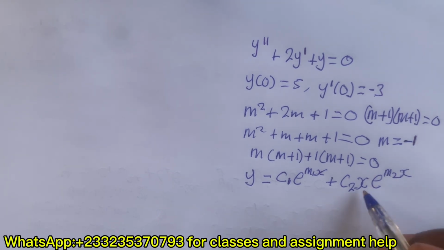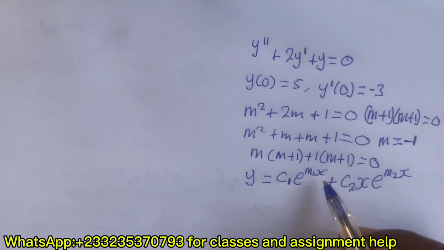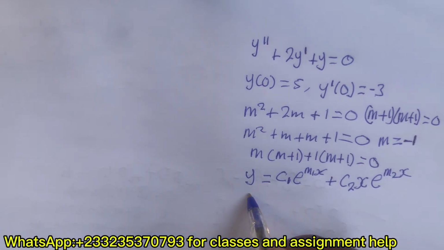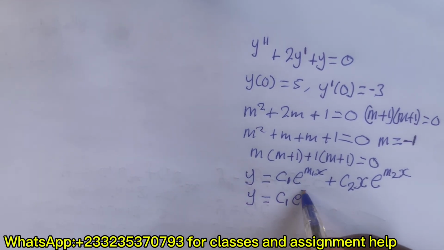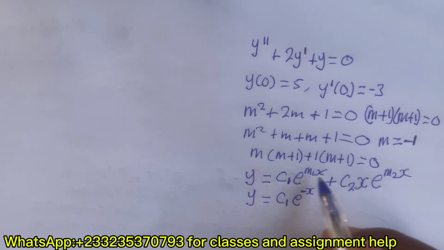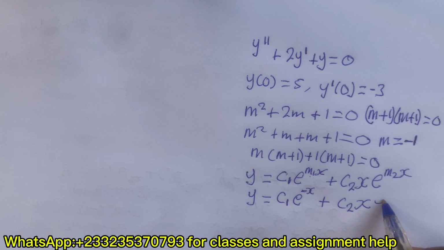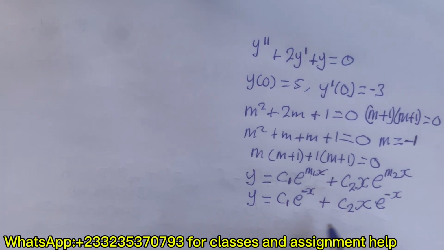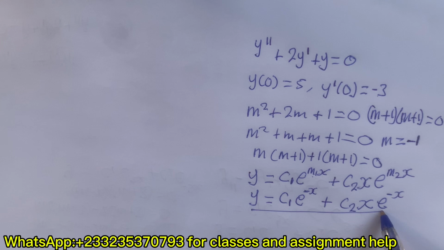But remember, m1 and m2 are the same, so we can put mx and mx. No problem with that. So we write the general solution as y equals c1 e power negative x, because m1 is negative 1, plus c2 times x times e power negative x, because m2 is also negative 1. So this is the general solution.